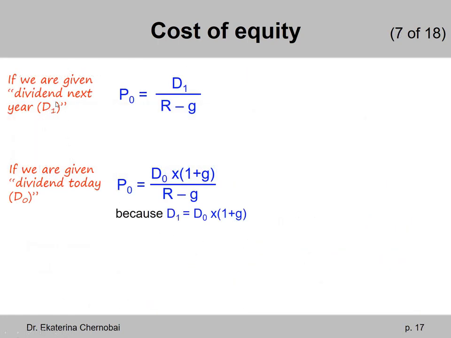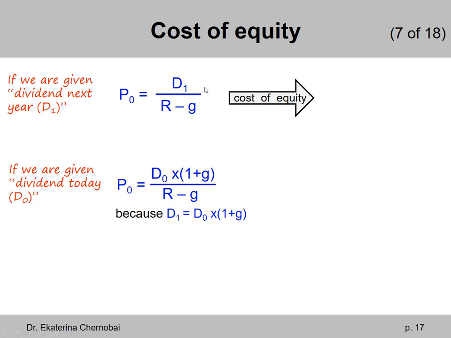Okay, so if we take this formula, you can again imagine 2 versions of it, which is also how I was explaining this topic in chapter 8, with the first formula for calculating the stock price today having dividend next year, D1, in the numerator, and the second version having instead D0 times 1 plus the growth rate in the numerator. So if you start with these formulas, you then want to rearrange each version of it to solve for R, because R is the cost of equity, the discount rate.